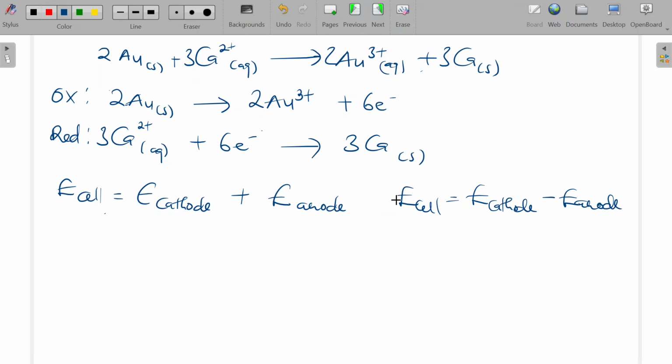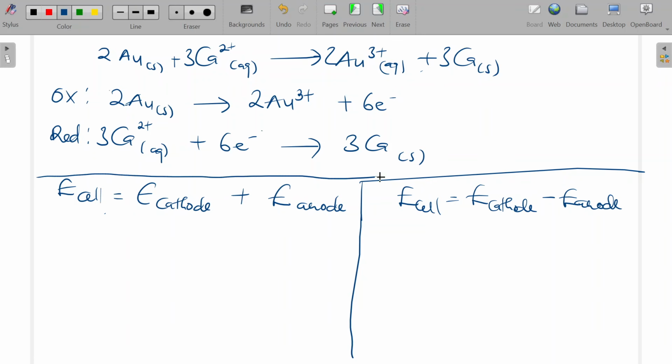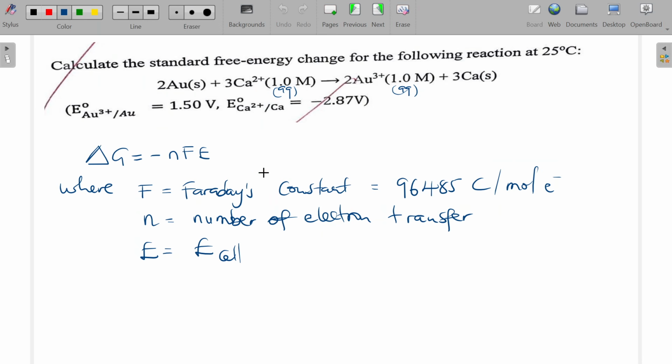Whichever formula you choose to use, you get the same answer, but how to apply it is where much key information is needed. When you're applying these formulas, you apply them differently. If we're calculating E cell, we need to have a value for the E cathode.